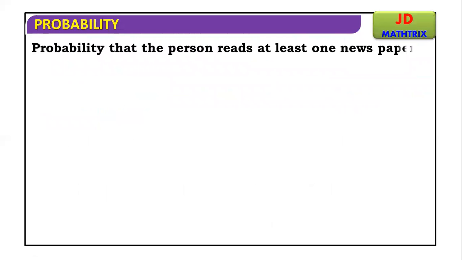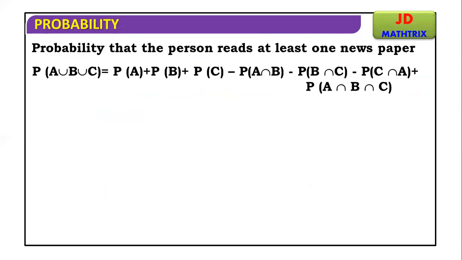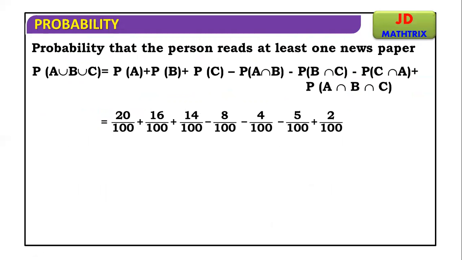So the probability that the person reads at least one newspaper is equal to P of A union B union C. That is nothing but P of A plus P of B plus P of C minus P of A intersection B minus P of B intersection C minus P of C intersection A plus P of A intersection B intersection C. That is 20 by 100 plus 16 by 100 plus 14 by 100 minus 8 by 100 minus 4 by 100 minus 5 by 100 plus 2 by 100.